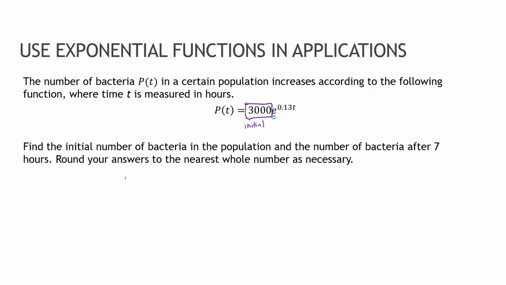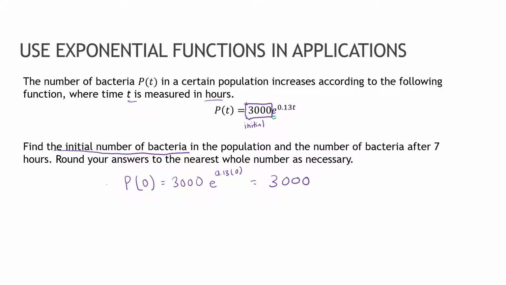And remember, if I'm not sure, I can always take P of 0, which means after 0 hours has passed, and I would take 3,000 times e to the 0.13 times 0, because t is 0, which means I'm taking e to the 0, and anything to the 0 power is 1, and I'm going to get 3,000 here. And that actually answered one of the questions, because it says find the initial number of bacteria.